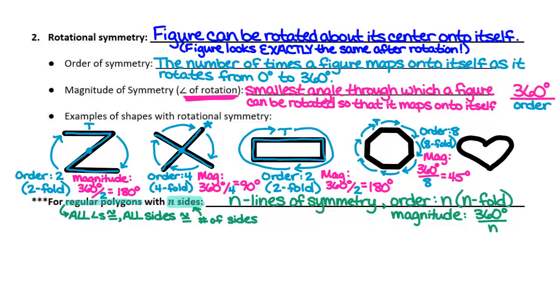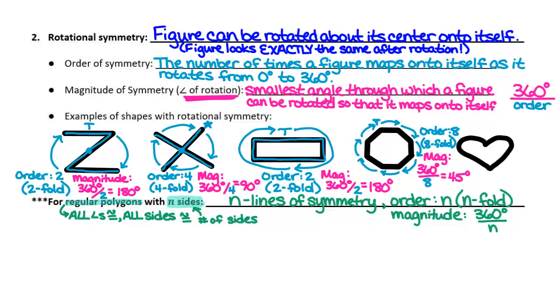When I have a regular polygon, whenever I have a shape where all the sides and the angles are congruent, like here with this octagon, however many sides I have, that's how many lines of symmetry I'll have. However many sides I have, that's what the order will be. And then I find the magnitude by doing 360 divided by however many sides I've got. This only works for regular shapes. If it says it's a regular polygon, a regular hexagon, or a regular pentagon, or a regular nonagon.